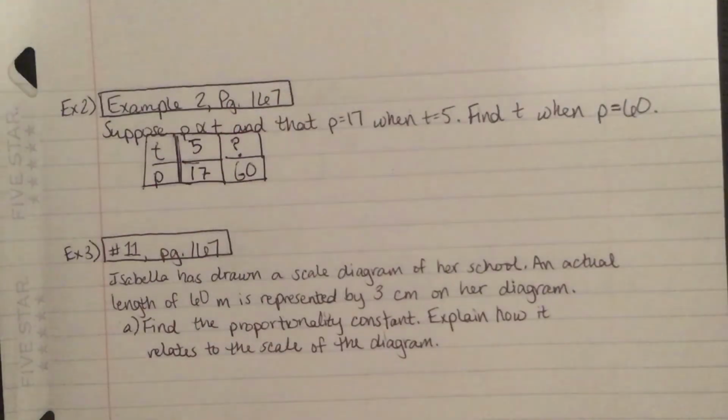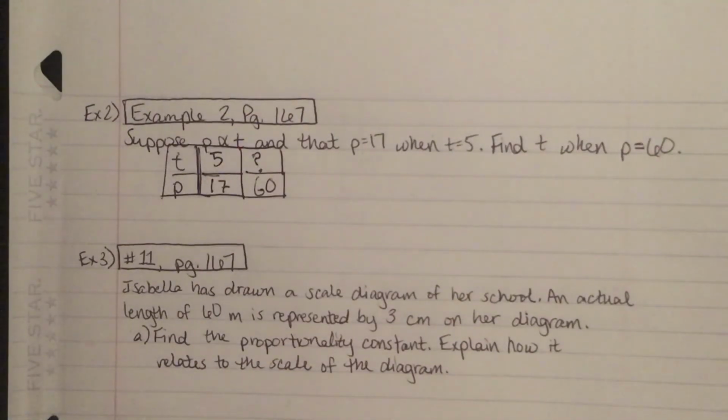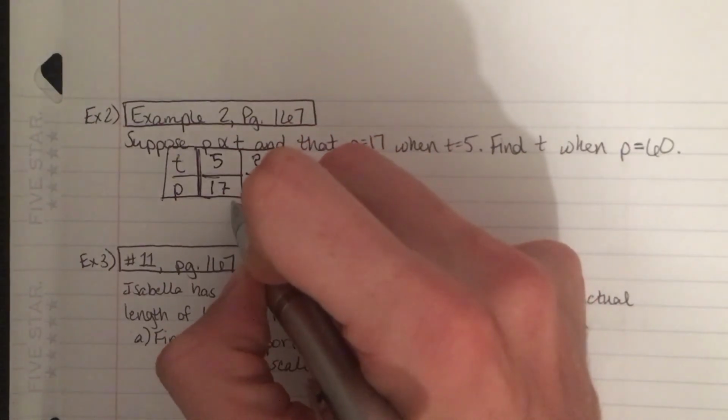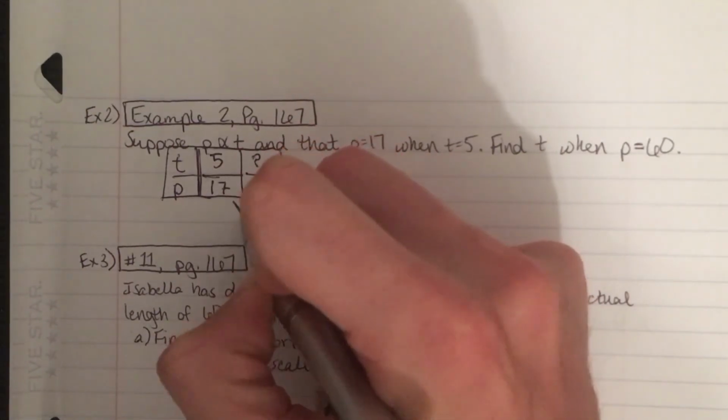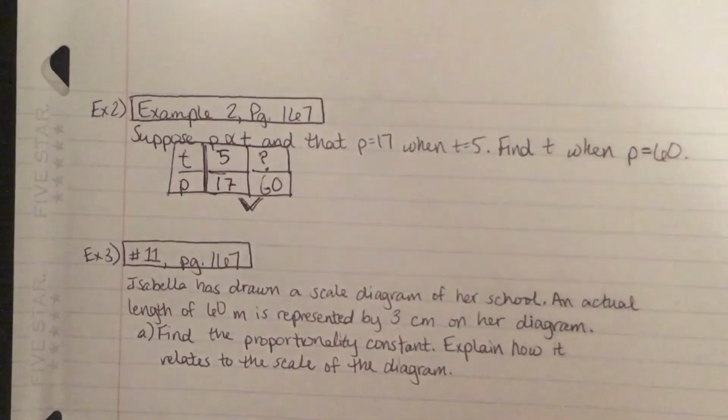They said find T when P equals 60. So there's a couple of ways to think about this. The first thing here is, what do we have to multiply by to get from 17 to 60? And it's not going to be a perfect number here.